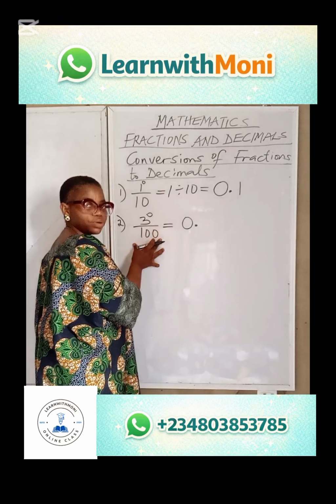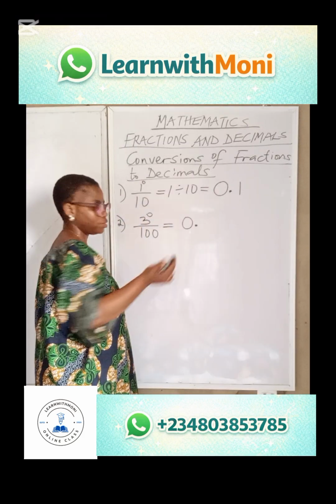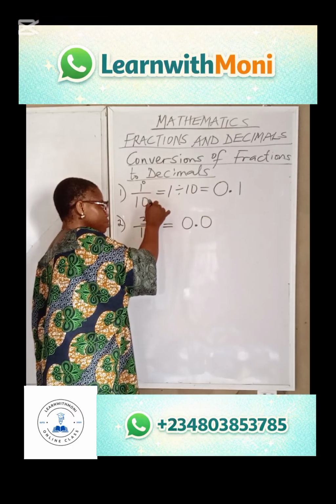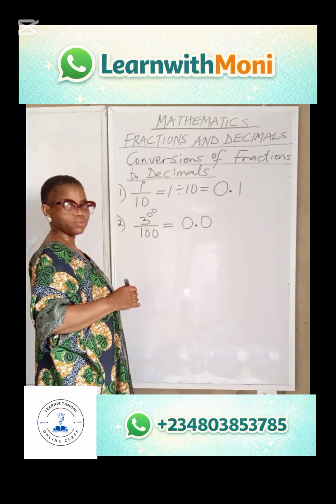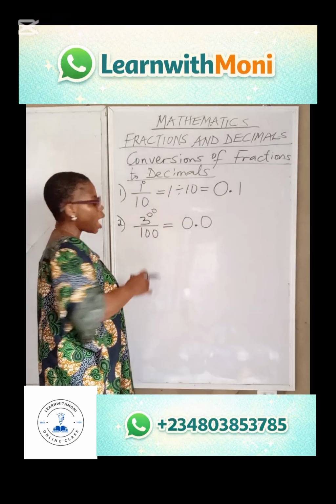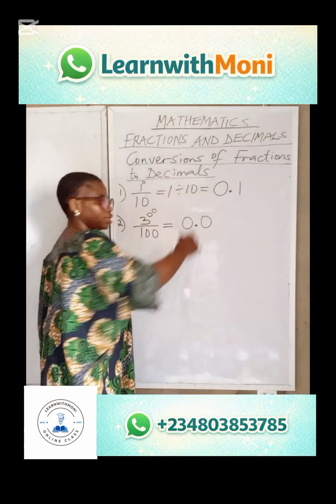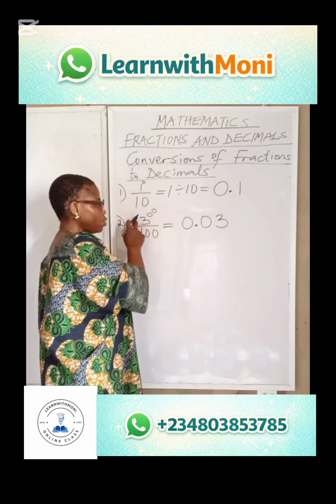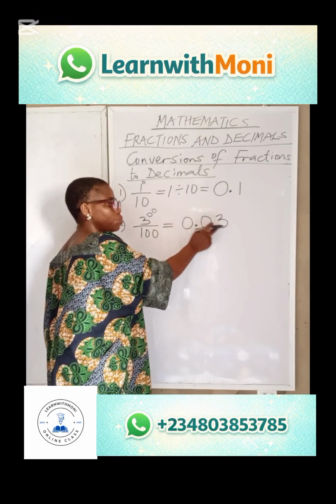How many 100s can I get from 30? From 30 I cannot get 100. So I put another 0 and put an invisible 0 behind that 30. Now the 30 is no more 30, it's 300. How many 100s can I get from 300? That is 3. So 3 over 100 is equal to 0.03.